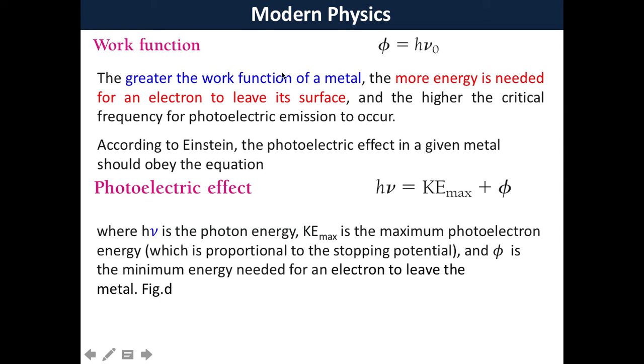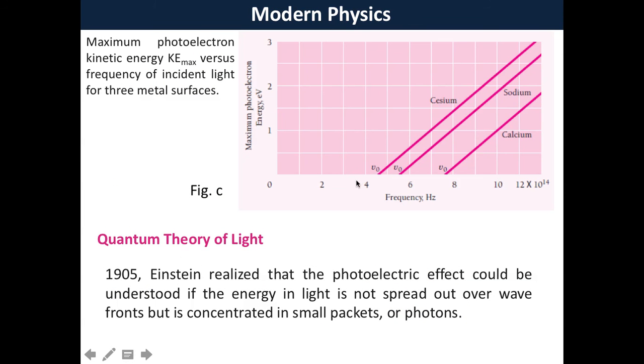The greater the work function of the metal, the more energy is required for an electron to leave its surface, and the higher the critical frequency for photoelectric emission to occur. So a higher frequency is required to make the electron escape from the metal surface.